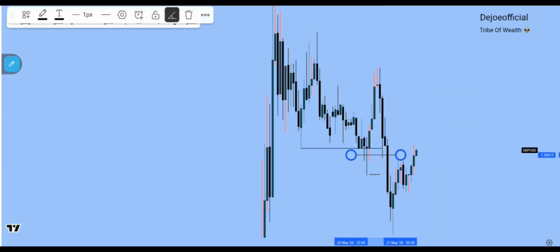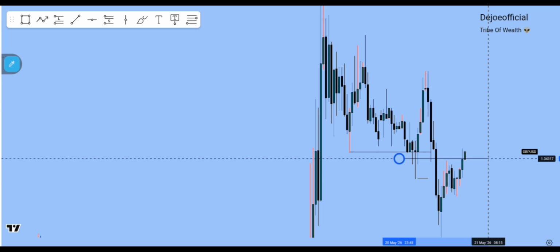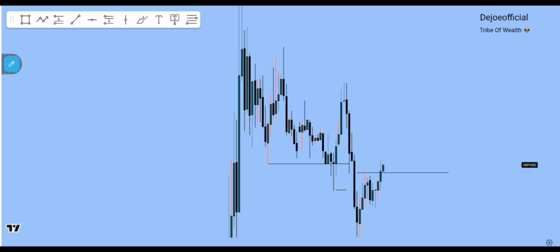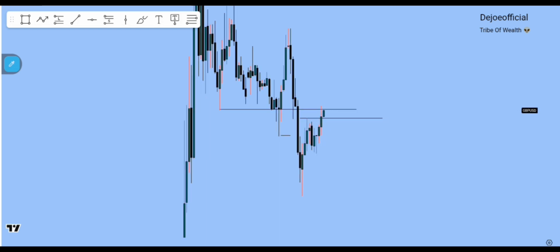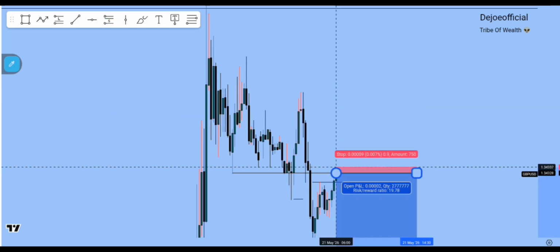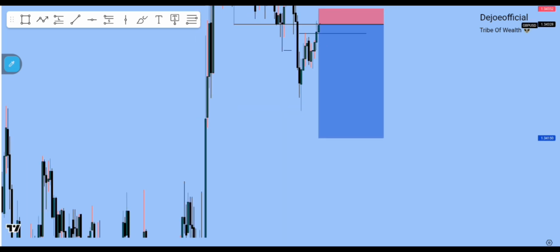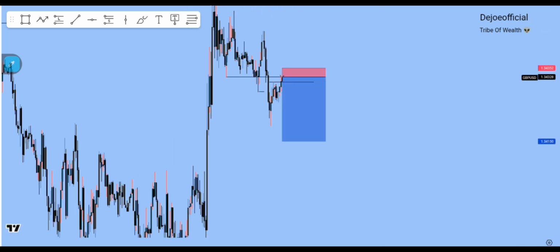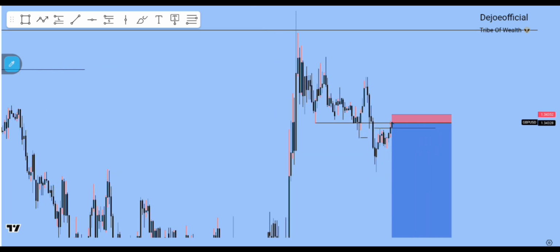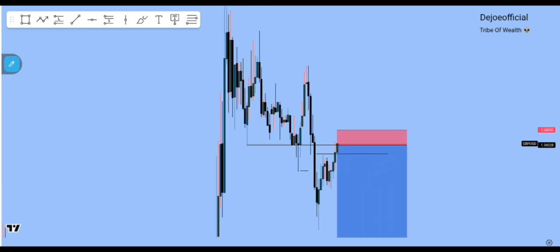I'm not expecting price to come and respect this particular zone and start selling. I'm not expecting sell for now from here. But wait, let me check. So basically, I'll be expecting more sells from here.